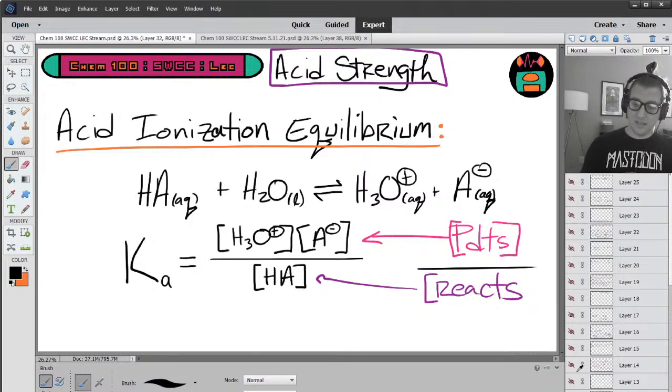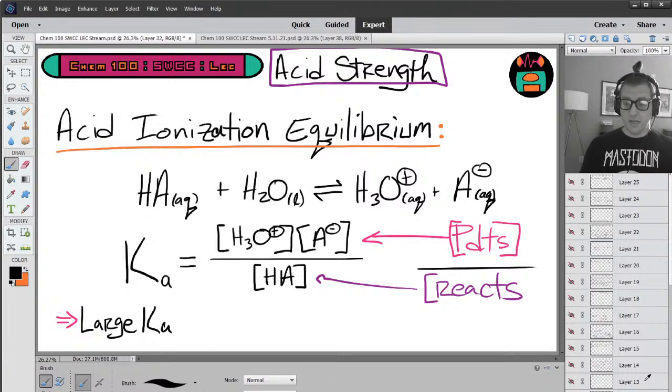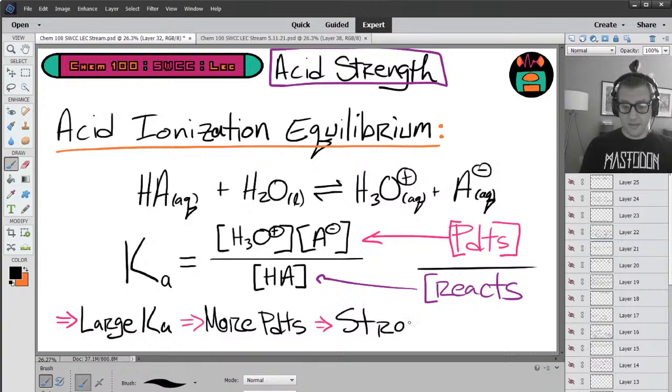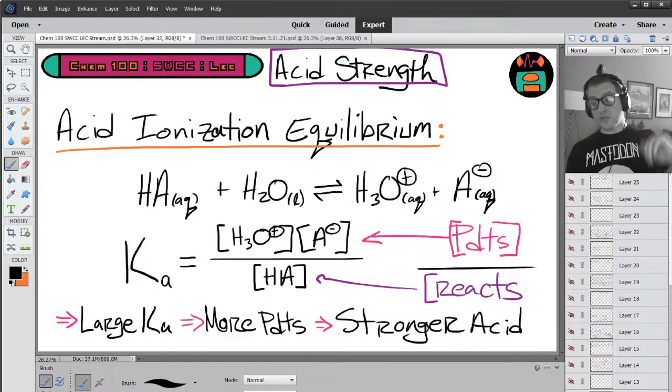That means that a large value for Ka means there are more products, which in turn makes for a stronger acid. The larger the value of the equilibrium constant, the stronger the acid.